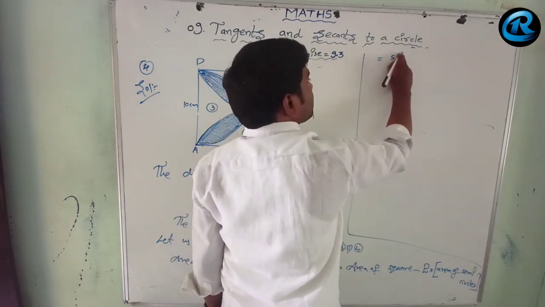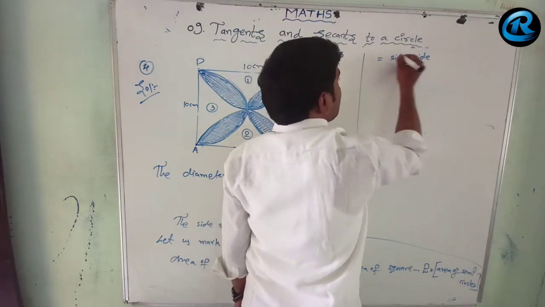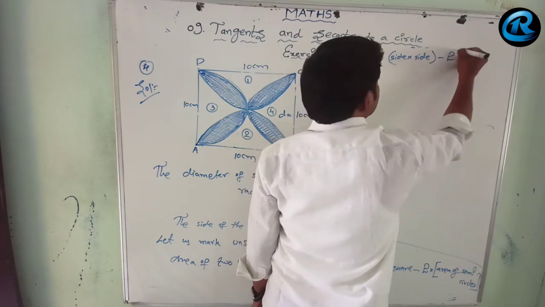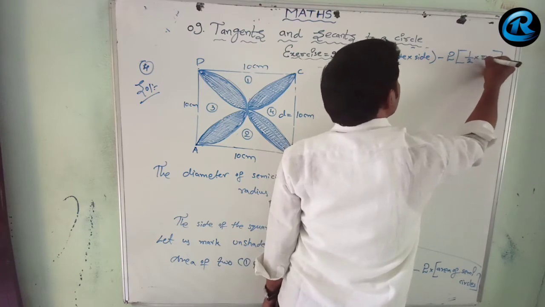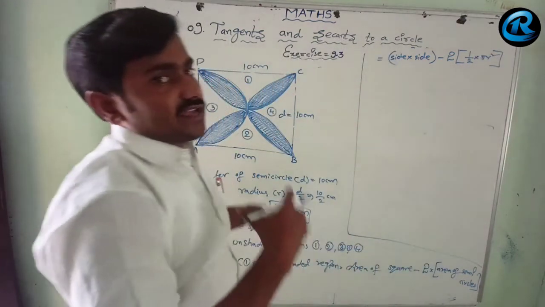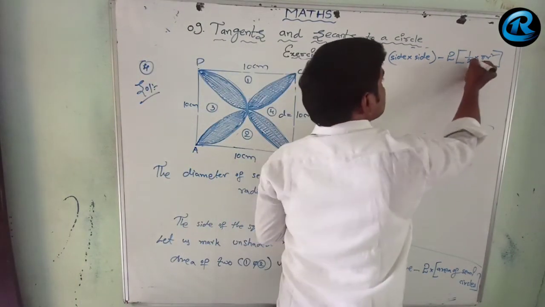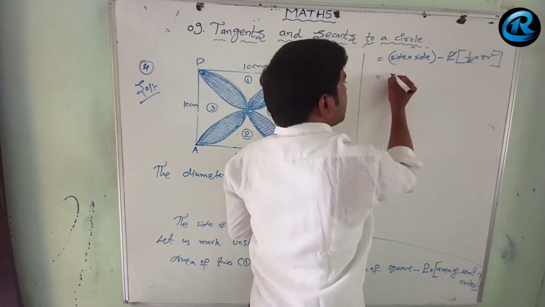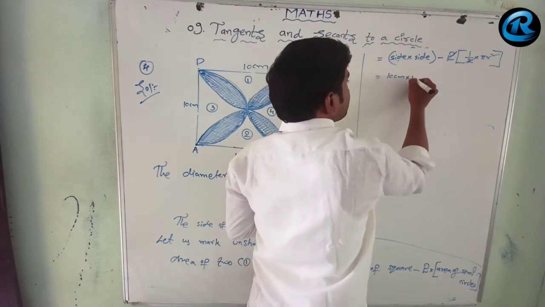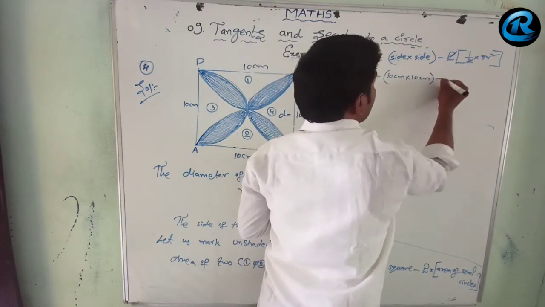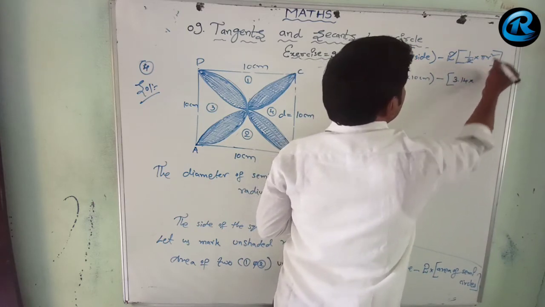So we know the area of a square formula is side into side. Side into side minus 2 into area of semicircle. The formula for the area of a semicircle is 1/2 into pi r square. Pi r square is the formula for the area of a circle, and half of it for a semicircle is 1/2 pi r square. So this two gets cancelled. Now side into side, that means the side of the square is 10 cm and 10 cm. 10 cm into 10 cm minus, here the pi value is 3.14 into r value.